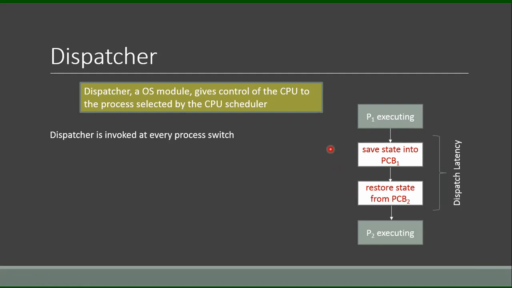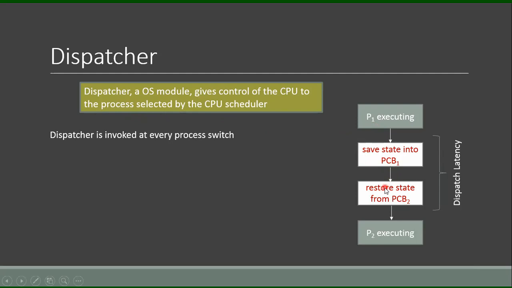To transfer control to this new process, the scheduler will invoke the dispatcher, and the dispatcher will save the state of this blocked process into its process control block. So save state into process control block 1.